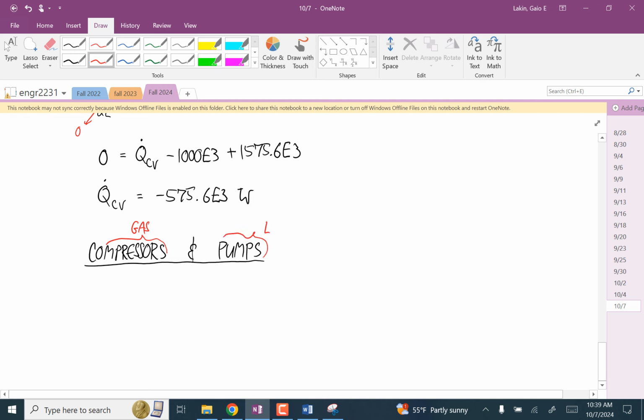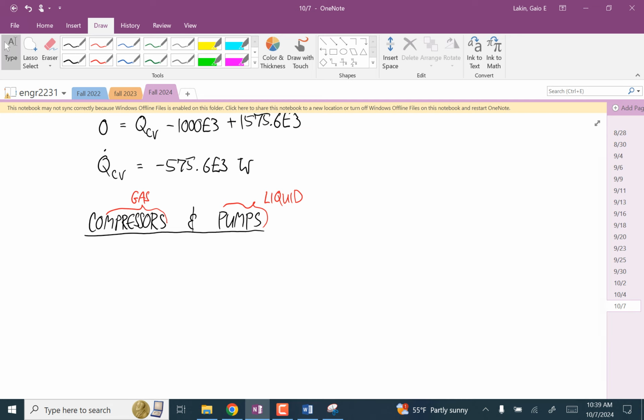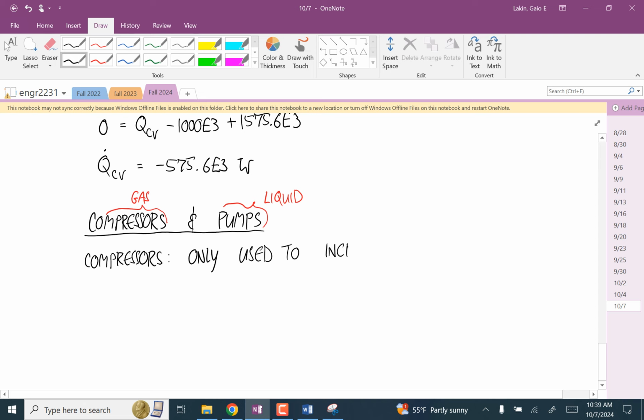Pumps are when we're talking about liquid. Compressors are only used to increase the pressure at the exit.